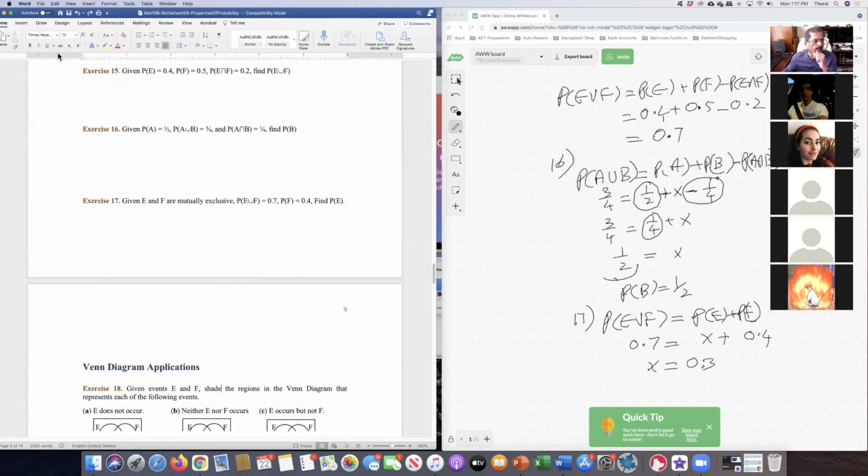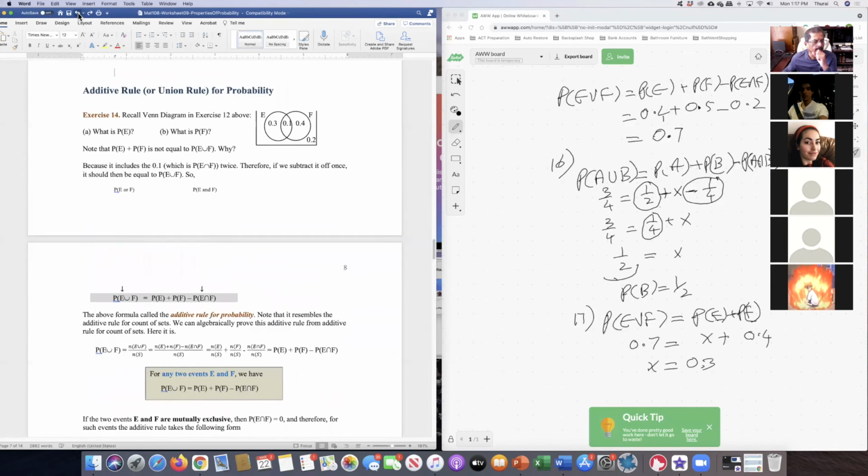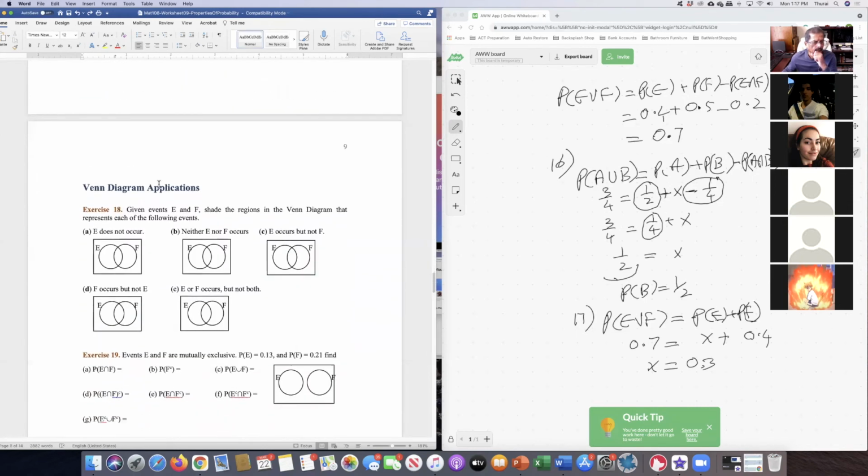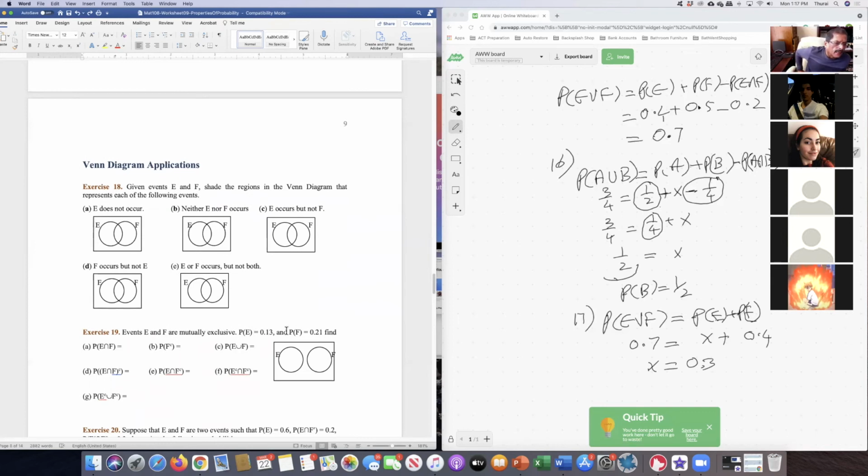We did mark things in the Venn diagram. And all right, that's better. We need to mark on the Venn diagram the events of different things. So it says shade the region that represents the event of E not occurring.